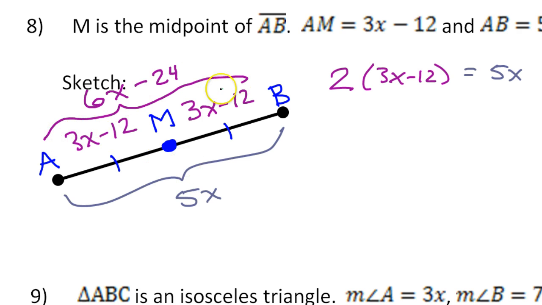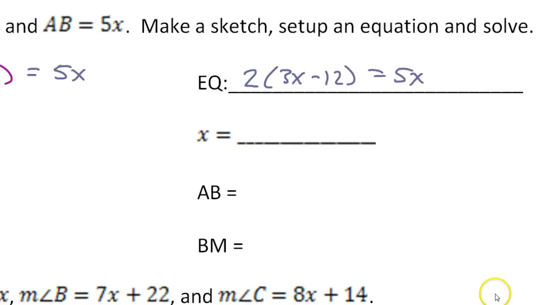So the purple side should equal the gray side, because it's the same segment. So 6x minus 24 should equal 5x. And of course, that's the same thing I have here. If I did the distributive property, I'm going to get 6x minus 24. So it's really the same thing. So we could just solve this for x.